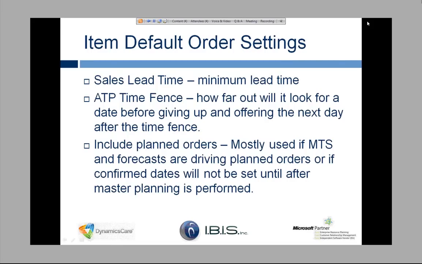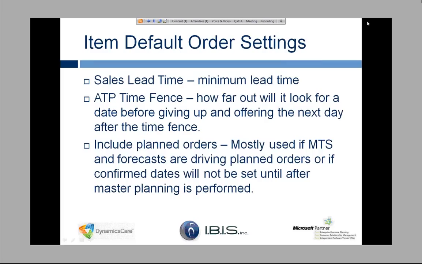A lot of times, if they have a make-to-order situation, their sales lead time and their ATP time fence, or whatever the case may be, depending on which one they use, will be the same thing, because they know that they can definitely make something within a 2 week lead time, if you will.